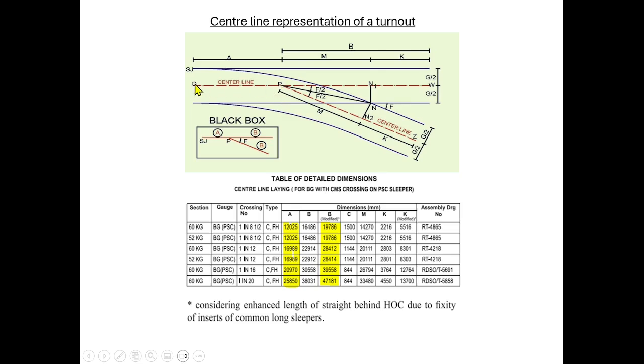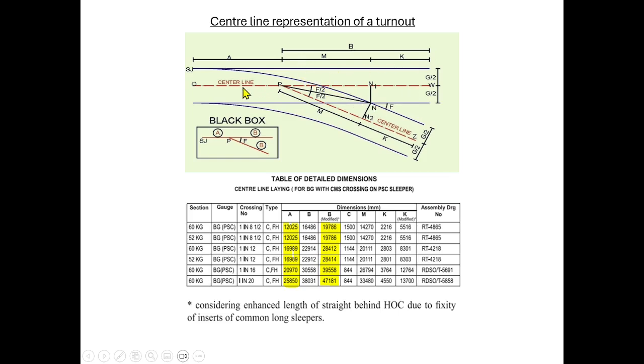The distance between SRJ and the point of intersection we take as A, and from the point of intersection to the heel of crossing we take as B. Similarly the other side also: point of intersection to heel of crossing is also B. This equals this, and of course this B is divided into M and K. That means point of intersection to nose of crossing is M, and from nose of crossing to heel of crossing is K. This is normally used in the case of curved lines.